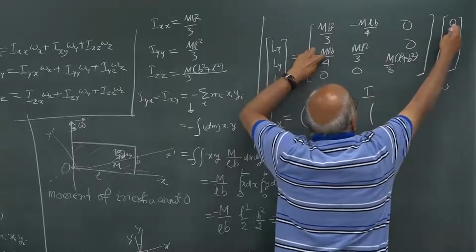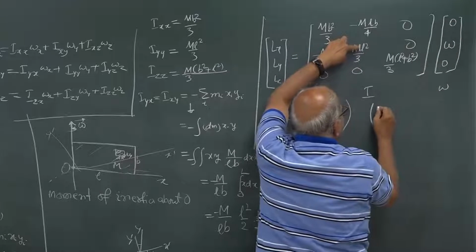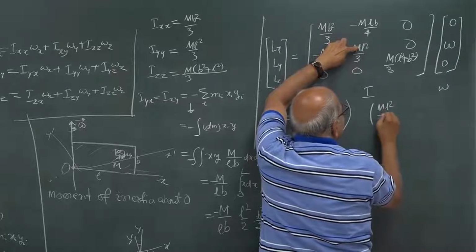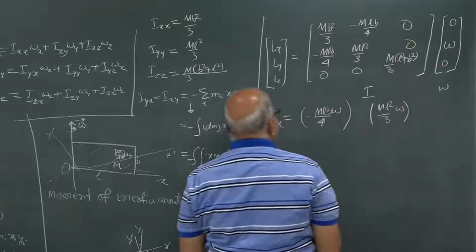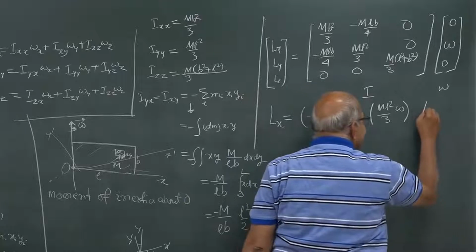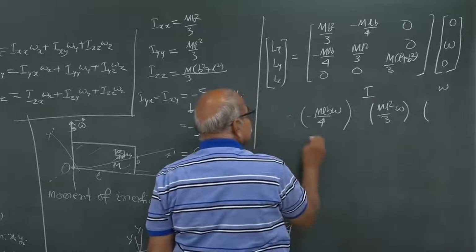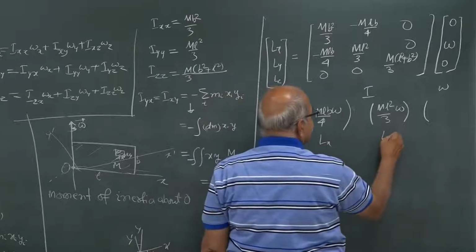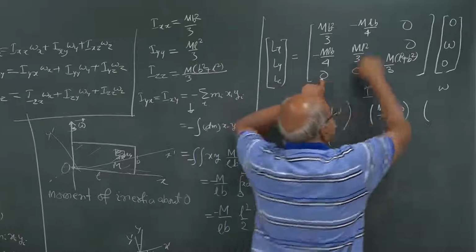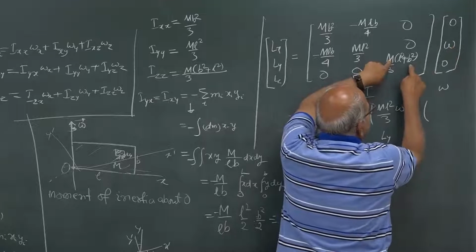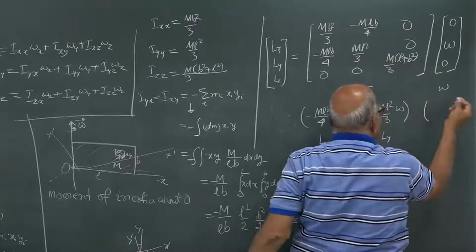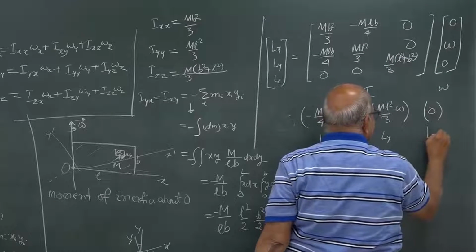So, this into this 0, this into this, m L square by 3 omega, then this into this is 0. And what is Lz? Lz is 0 into 0, 0 into omega, and this quantity into 0 is all 0. So, this is 0, this is Lz.